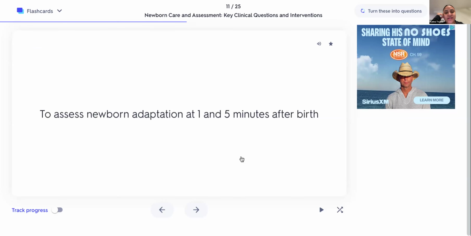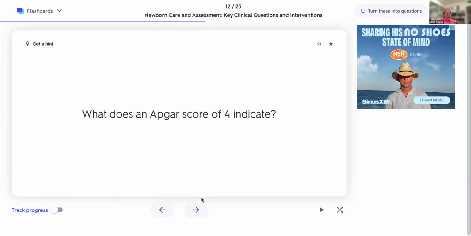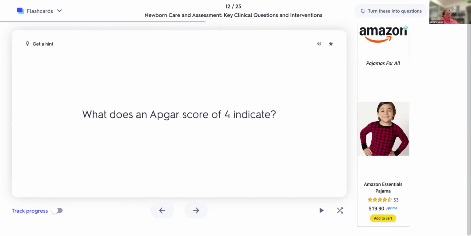So it's like an assessment of the newborn, and for the first ones, it's 1 minute and then 5 minutes after birth. And sometimes they'll do a 10-minute if the 1 and the 5 are yucky. So if a baby's really struggling and they have a 2 on the APGAR and then a 5, sometimes they'll do a 10-minute because that will give them a higher APGAR. Why do you think it matters what their APGAR score is? Because that would be the healthier the baby.